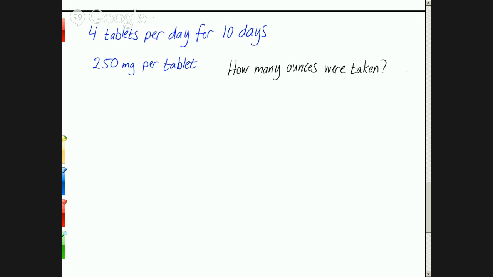And then to make it a little more fun, we're going to use the same conversion factor that we used earlier, that 1 kilogram is 2.2 pounds. And then if you don't know, also there are 16 ounces in 1 pound.